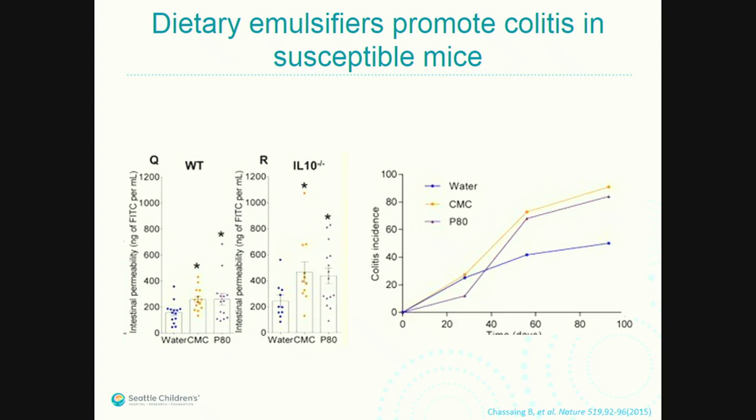But when you added in CMC and P80, that number actually doubled. Again, suggesting that in our world, we've had the genes that predispose us to developing things like inflammatory bowel disease for millennia. But we didn't have the environmental change to bring that actual inflammation about.